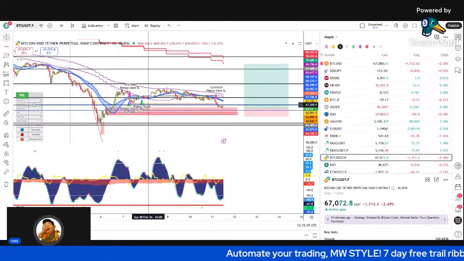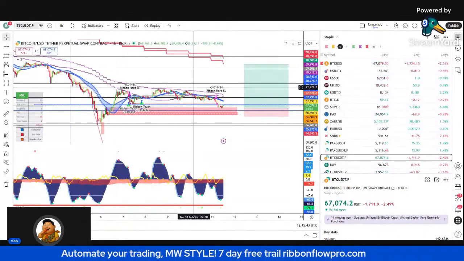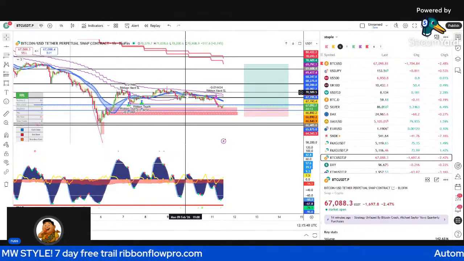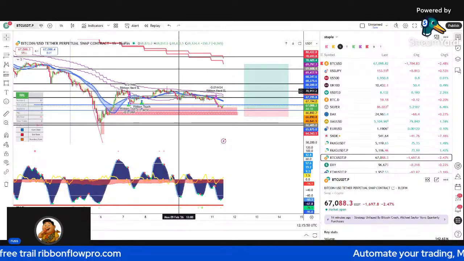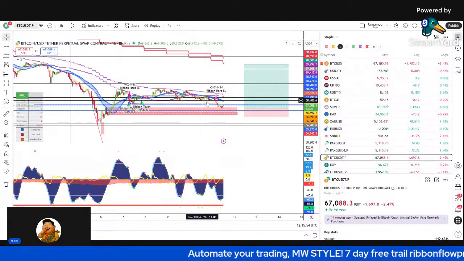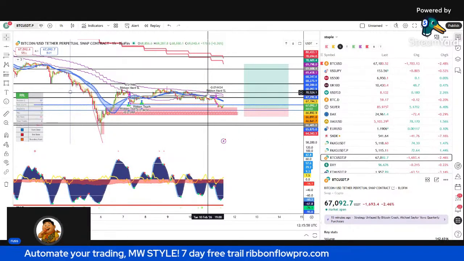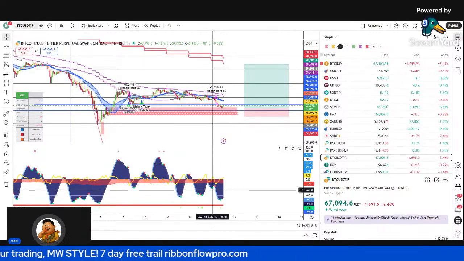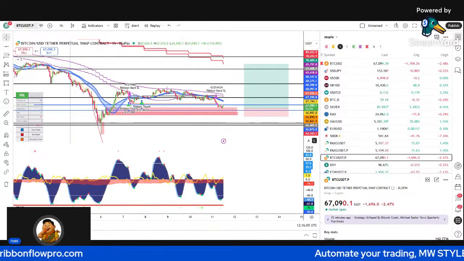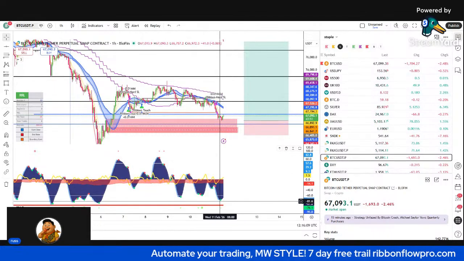Because MW teaches getting a position above the ribbon, a lot of the time that can be too late. Like here, why would I long there? No, I'm not gonna long there because I'm just gonna get rejected out. Whereas if you longed here on this green dot, it's a better position. You could take small profits, and then again here, it's underneath the ribbon. Maybe take profits, stop loss to break even at the ribbon, and then here is another one.